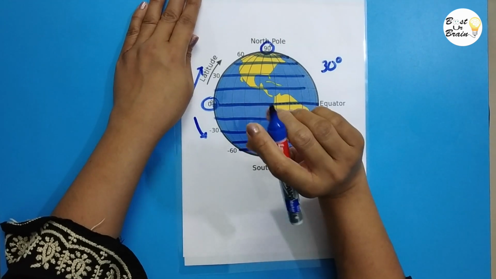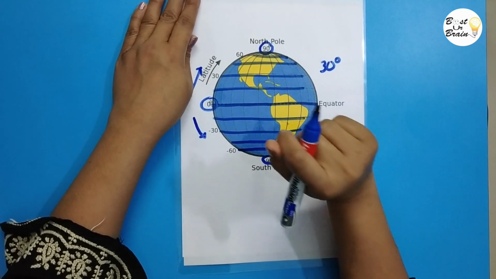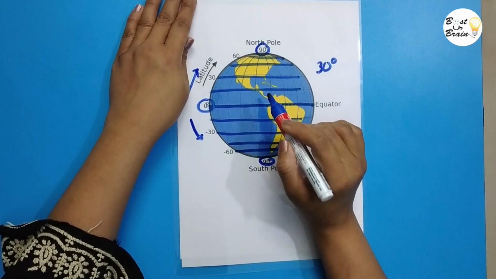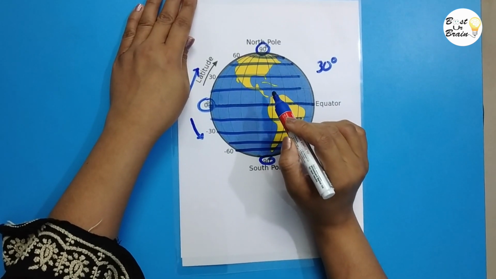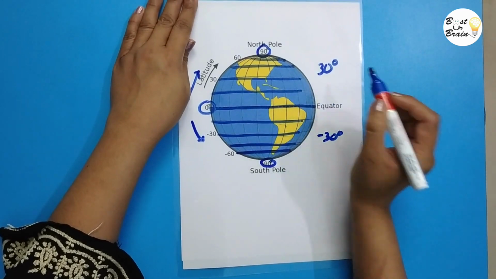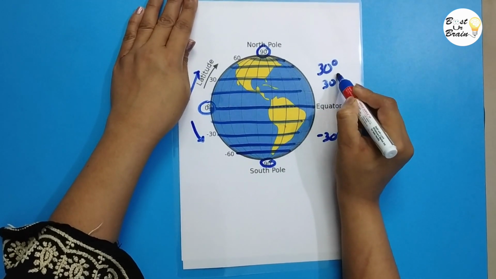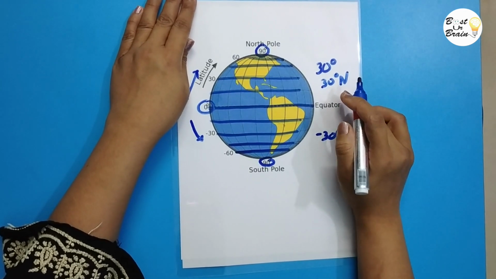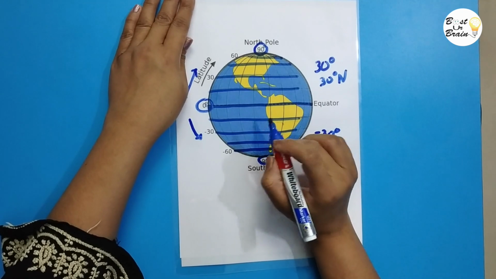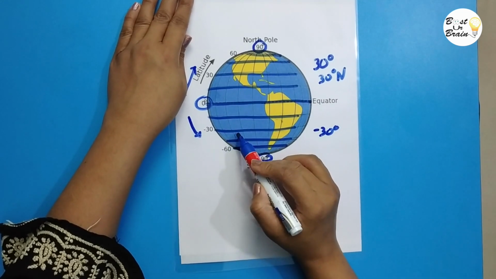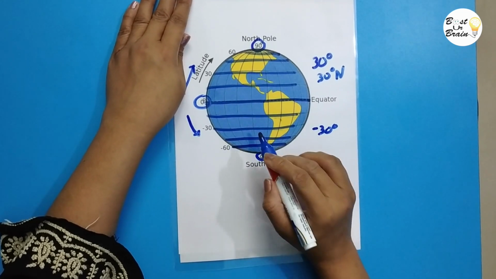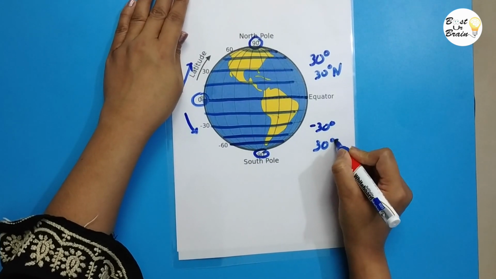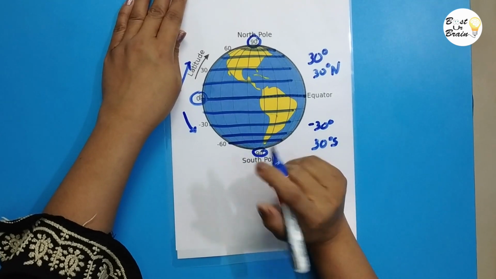Now there is another way in which these numbers are written. In the northern hemisphere, we can write it as 30 degree N. That means north. And for the southern hemisphere, it will be 30 degree S. That means south.